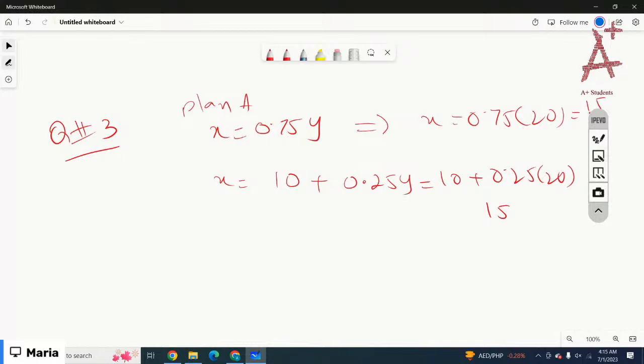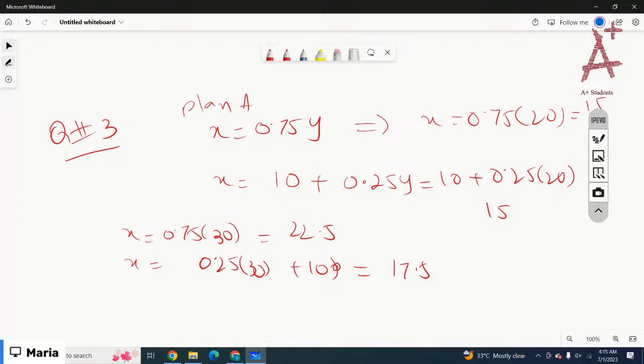Got it? Same thing you have to do for the 30 glasses. y equals 0.75 times 30. That equals 22.5. And y equals 0.25 times 30 plus 10, and that equals 17.5.